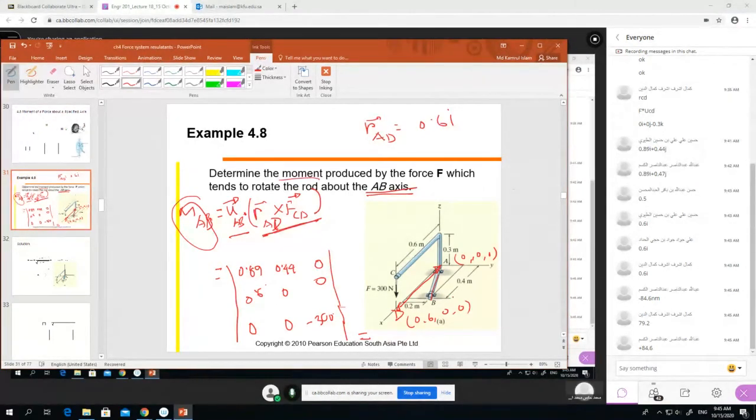You please do it again. Abdullah bin Nasir, 84.6. First you said minus 84.6. Now you're saying plus 84.6. Please double check and tell me.